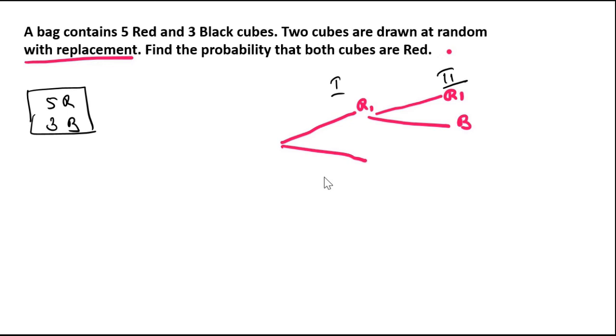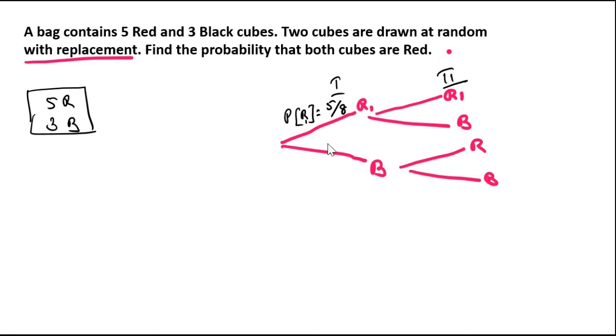Then the first case black, then again red or black. Now here, probability of R1, the first being red. What is the probability of getting R1? That is 5 by 8.